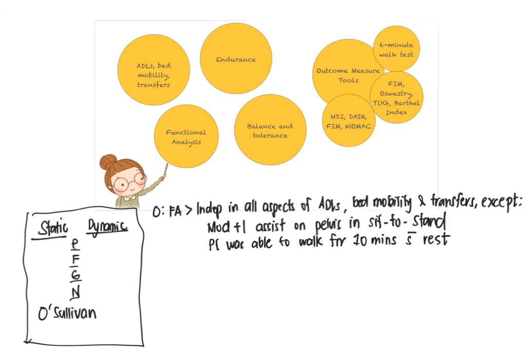Okay, so that is endurance because you have the duration or the time component right here. And you included if the patient was able to do it continuously or with interruptions.